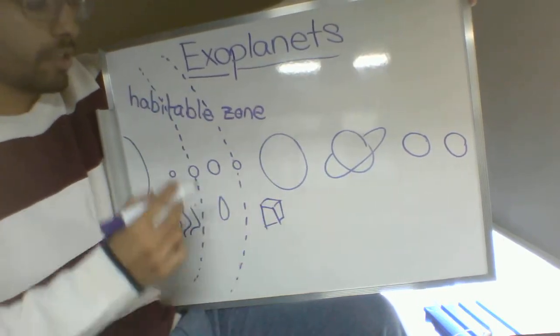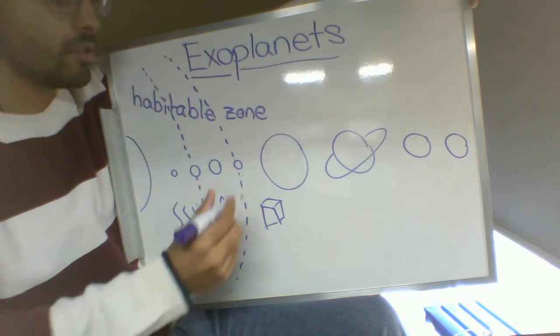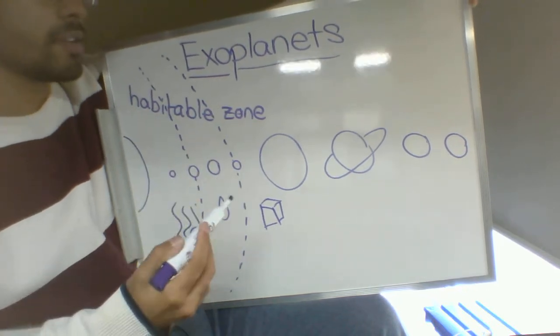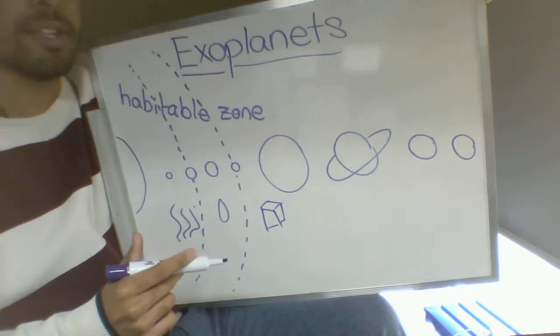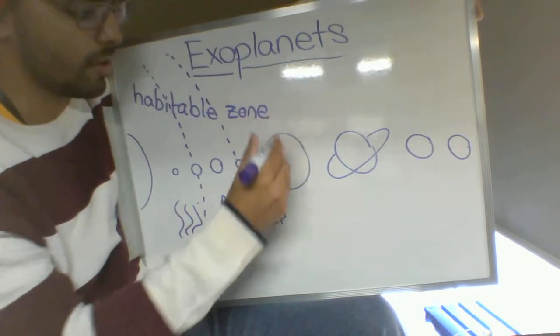You don't have to make the entire drawing, but you should know that the habitable zone is the region in space where liquid water can exist on the surface of a planet. All right, so I'll write that down.